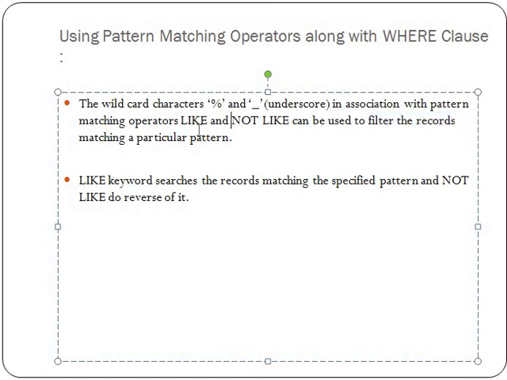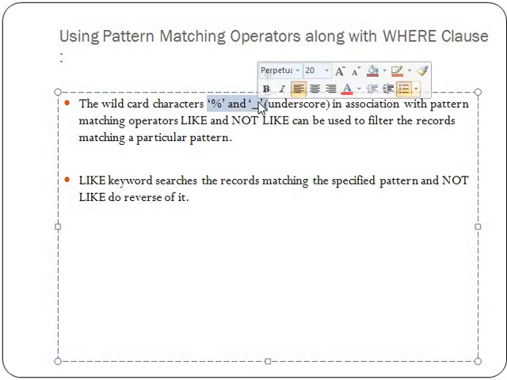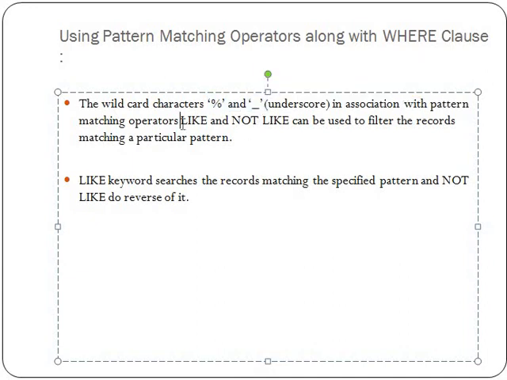Now, in addition to this like and not like pattern matching operators, we can also use some wildcard characters such as percentage and underscore, the use of which I am going to explain to you in the next slide. Now, these wildcard characters can be used in association with these pattern matching operators like and not like.